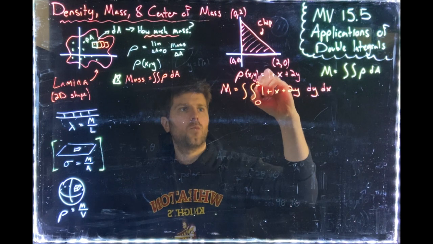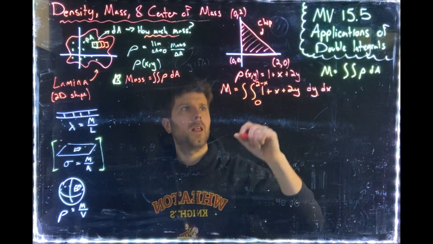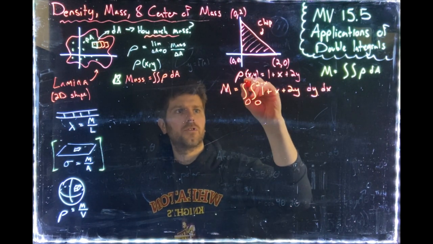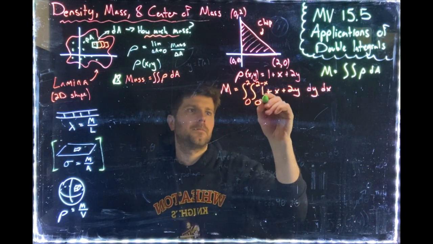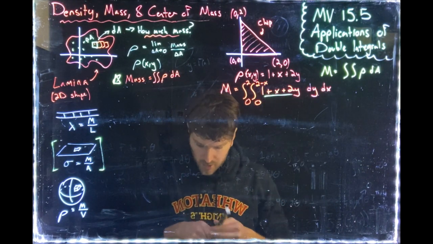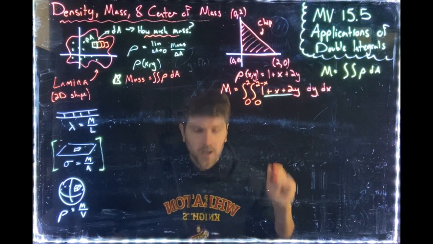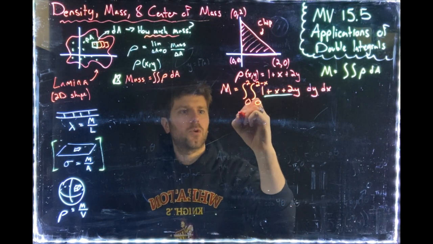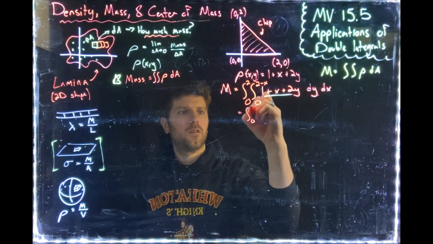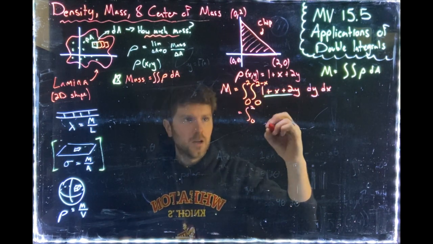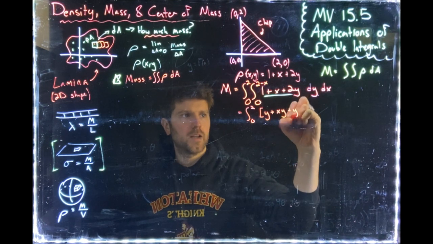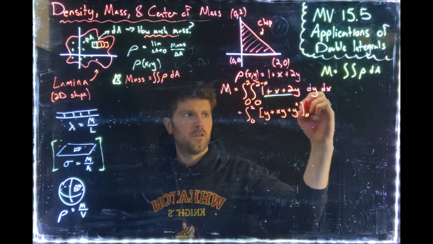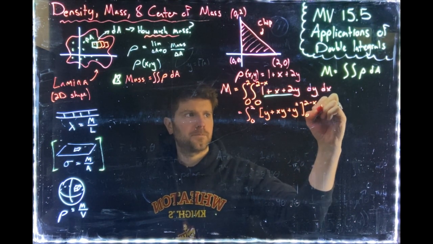This line is y equals 2 minus x, and x gets to go from 0 to 2. So I'm just integrating my density over this. So we can bust out this integral real quick. This ends up being y plus xy plus y squared from 0 to 2 minus x.